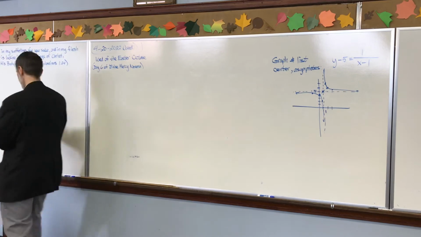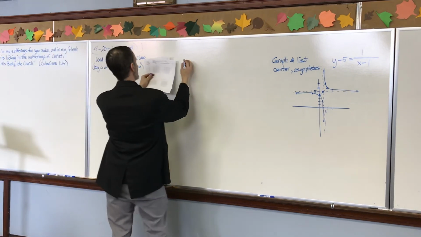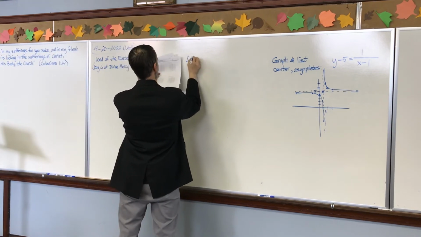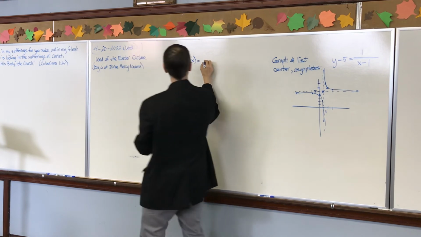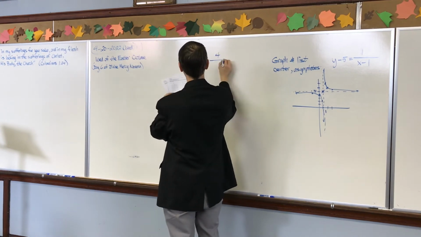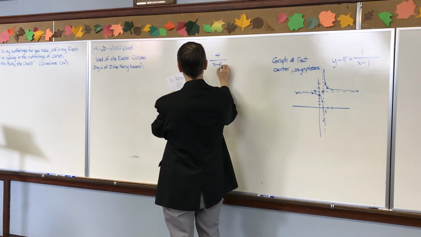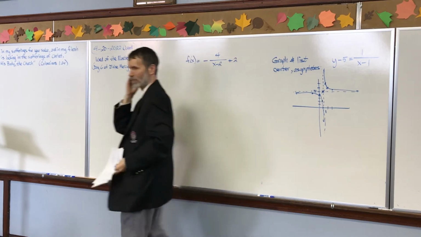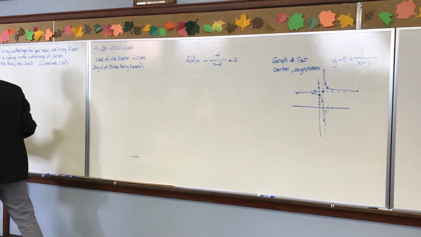Number 4 looks like this. To give you this equation, f of x equals negative 4 over x minus 2 plus 2. Can somebody give me this in the proper form?